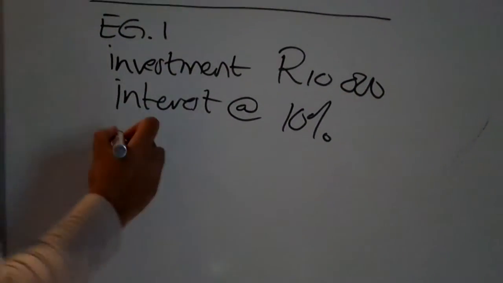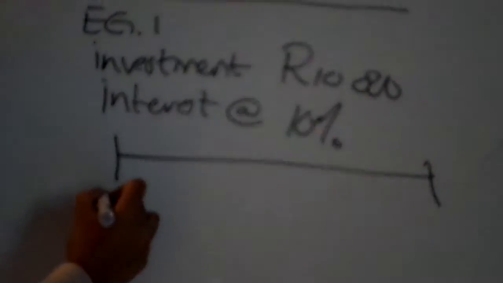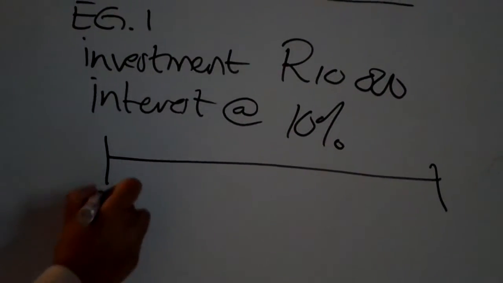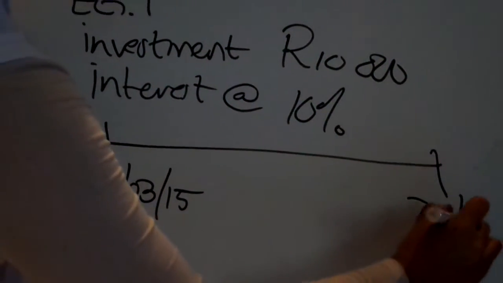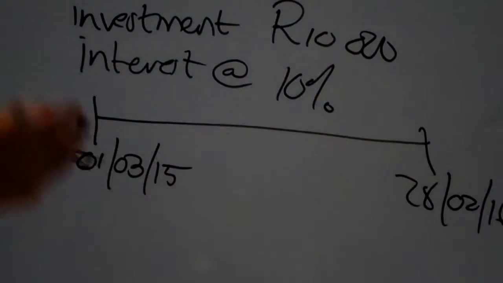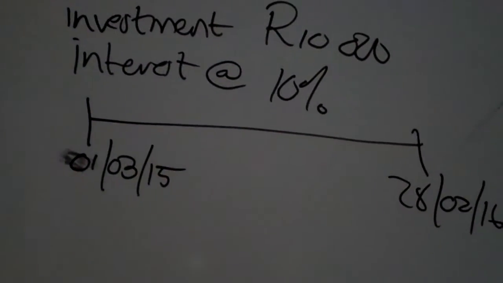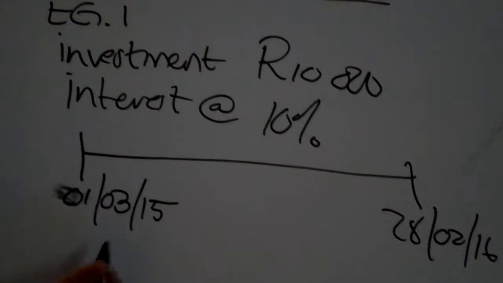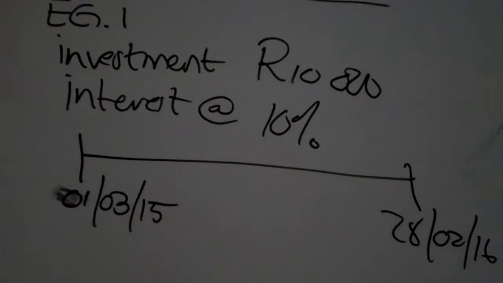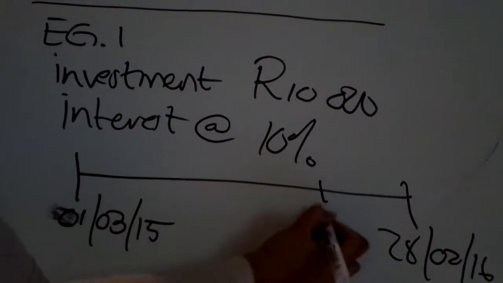So again, if I draw a timeline for you, let's say this is your financial period, 1st of March 2015 till 28th of February 2016. That's your 12 months. And let's say you're going to earn your interest every year on the 31st of December. So the 31st of December will be sitting somewhere here.